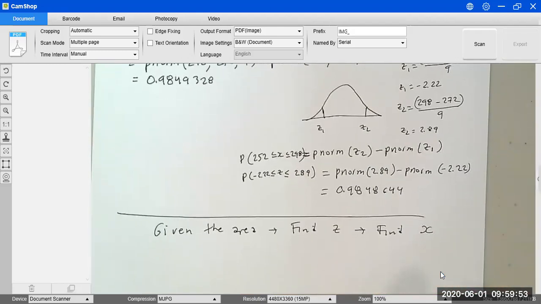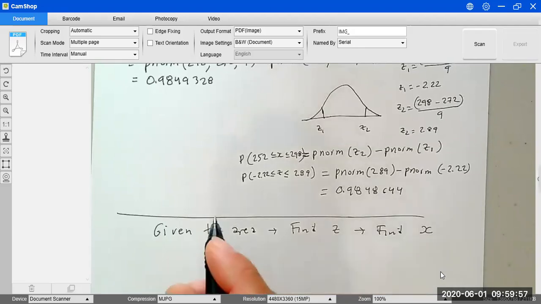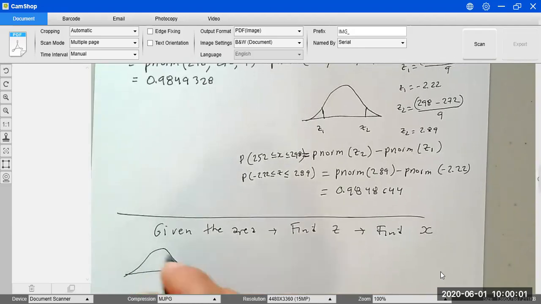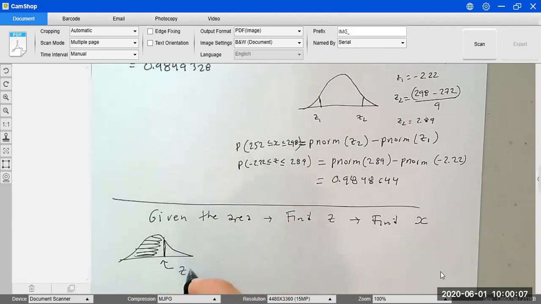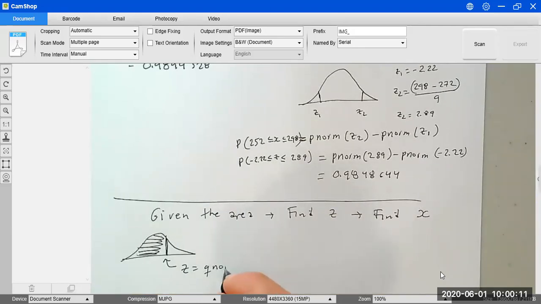So you can follow again two routes. In one route, you're gonna use the area to the left to find the corresponding z-score. So this z-score is obtained by using qnorm of the area to the left. Don't forget this.